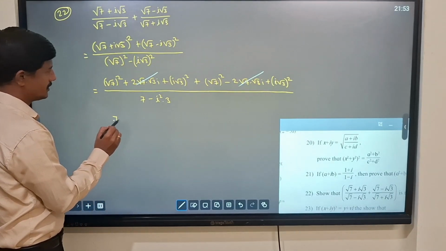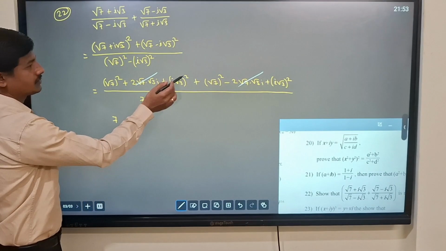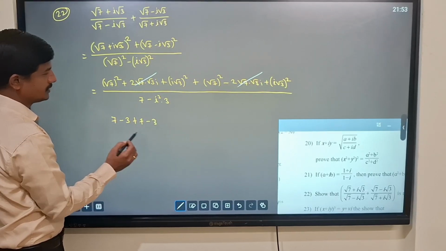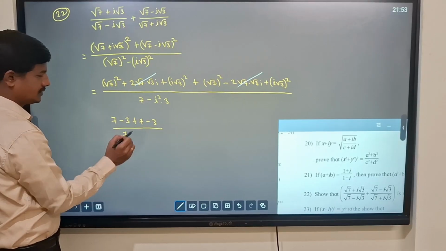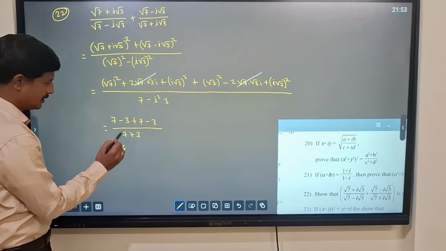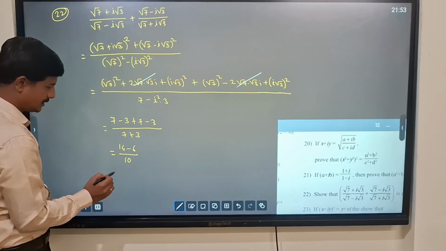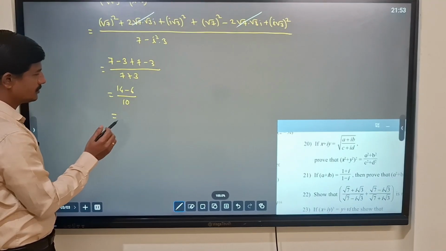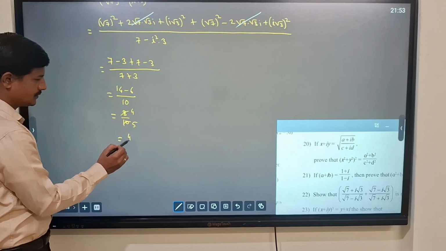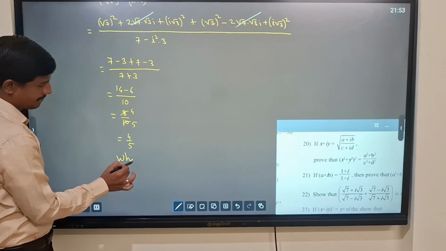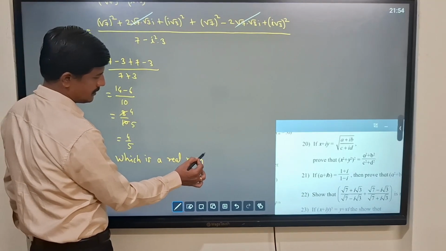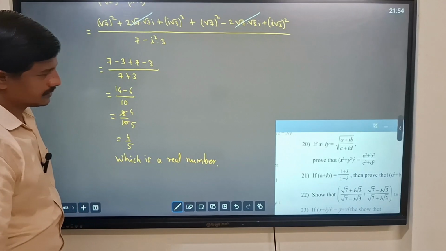So here remains 7, i square is minus 1, 7 minus 3. Again there remains 7 minus 3. Upon this 7, i square is minus 1, minus minus plus. So 7 plus 7 is 14 minus 6 upon 10. 14 minus 6 is 8. 8 by 10, 2 4s are 8, 2 5s are 10. This is 4 by 5, which is a real number. So that term is a real term.